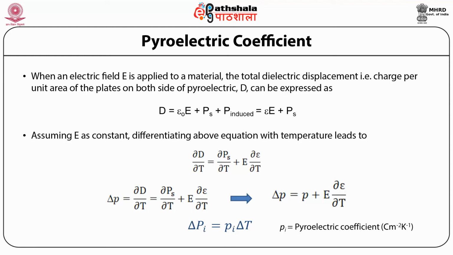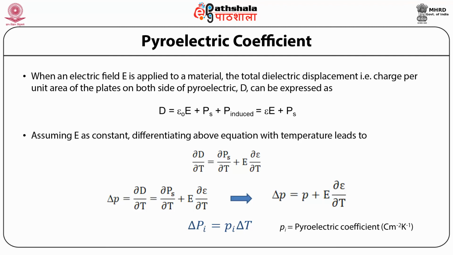pyroelectric coefficient, and the last term in the equation is the temperature dependence of the permittivity of the material, which we can measure. Since polarization is a vector, the pyroelectric coefficient is also a vector and has three components, defined by delta Pi equals Pi delta T. The above equation neglects the change in dielectric constant with temperature and is valid only when such an assumption is true.